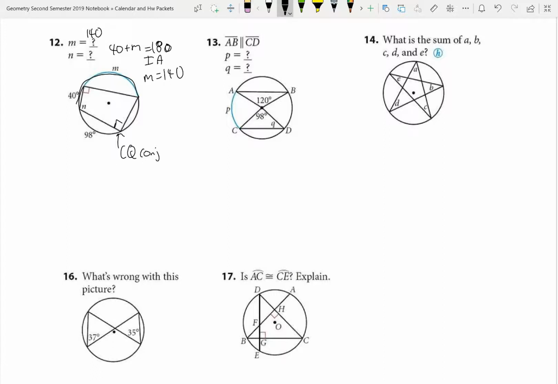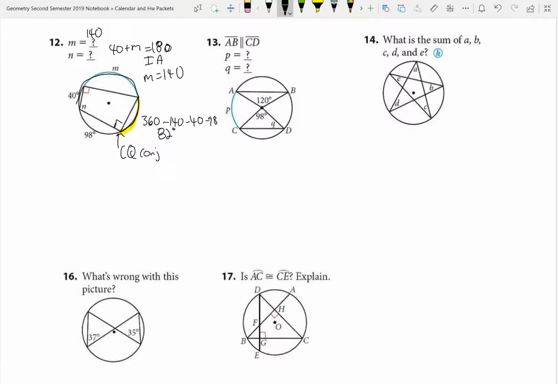And then n, let's see. So m is 140. Well, we can go ahead and figure out what this arc is right here. That arc's going to be 360 minus 140 minus 40 minus 98, which is 82 degrees.